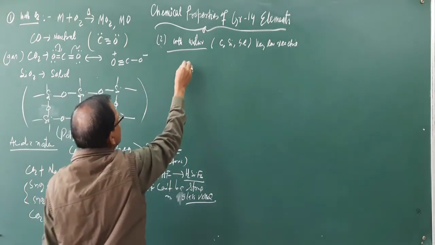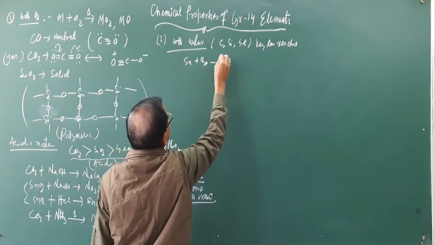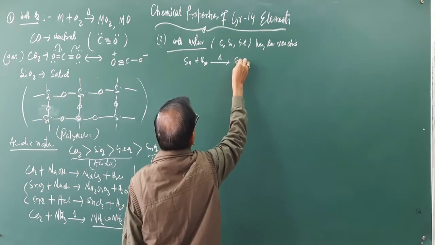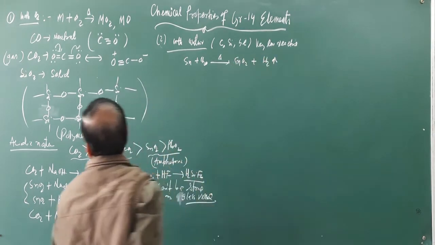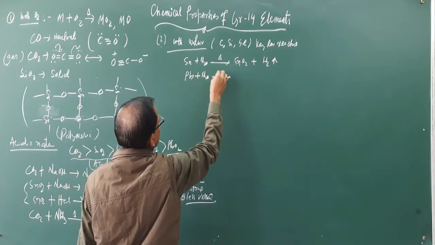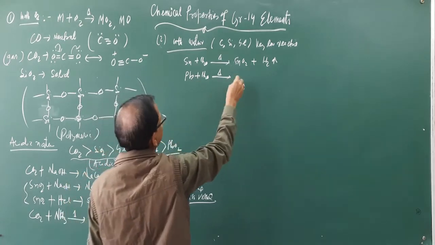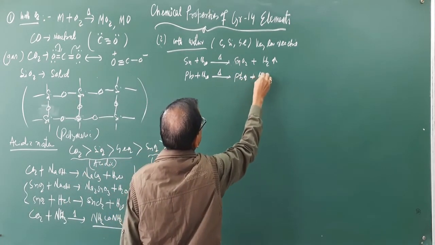But tin reacts with water on heating, producing SnO2 and hydrogen gas. Pb plus water on very strong heating produces PbO2 plus hydrogen.